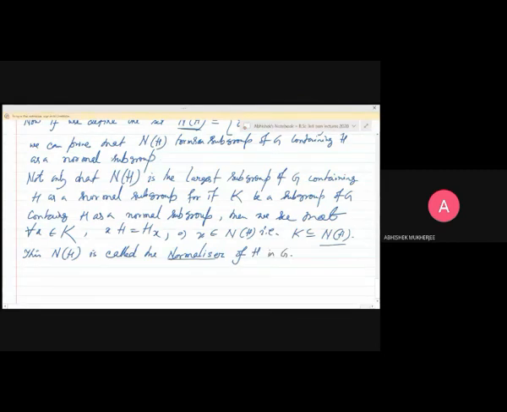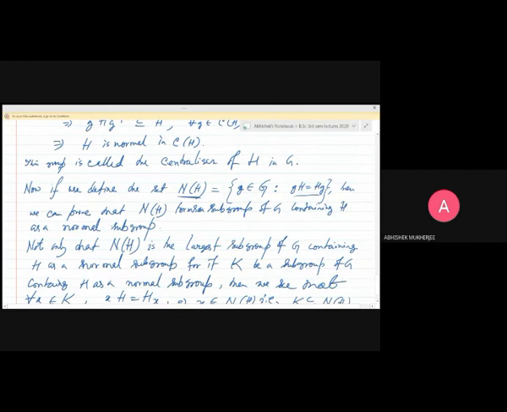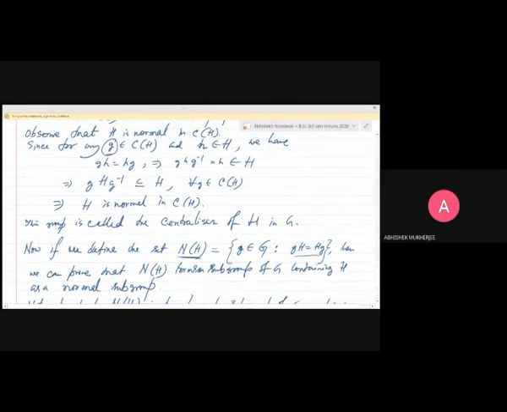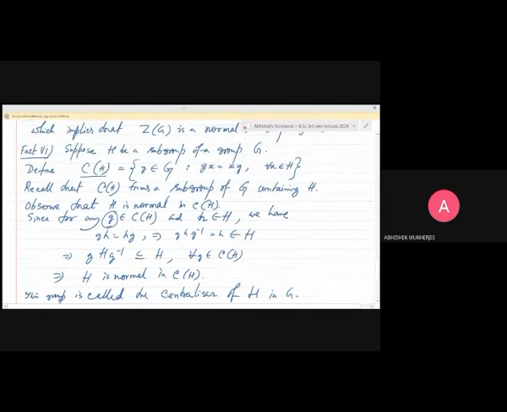So this is called the normalizer of H in G.